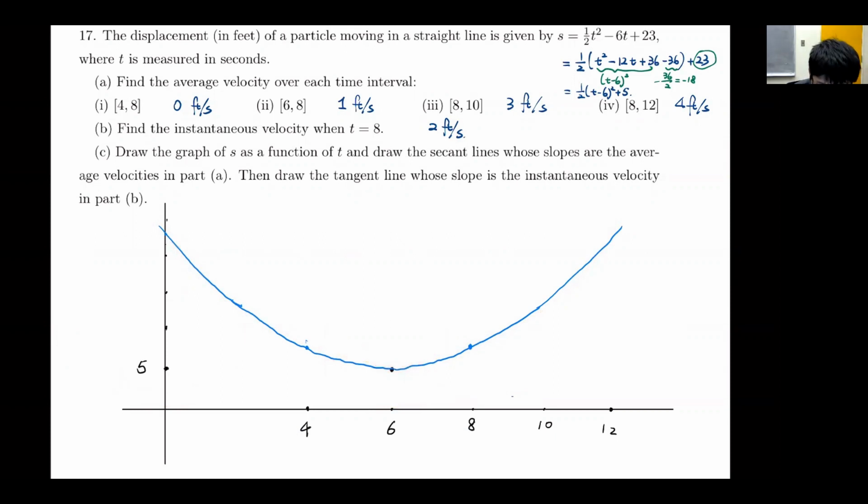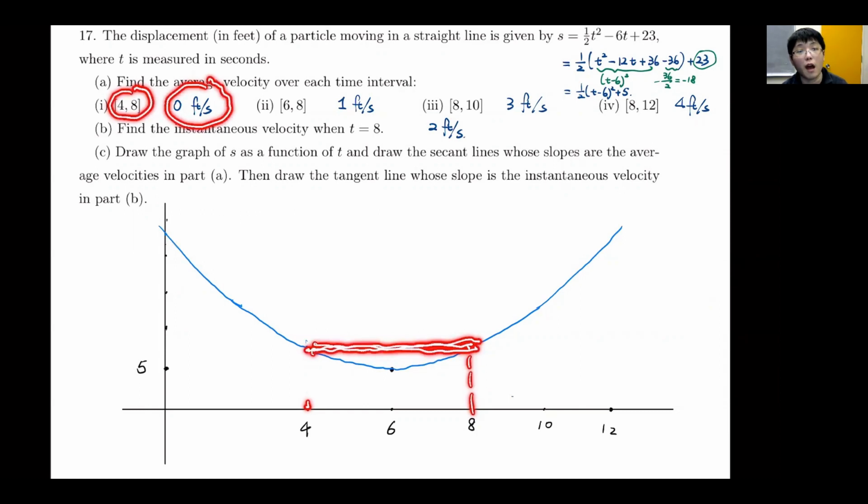Okay, so the next requirement is to draw the secant lines whose slopes are the average velocities in part A. So the secant line passing through t equals 4 and t equals 8 will simply be this one over here. You see that the secant line is precisely horizontal with slope 0. And this coincides with our computation that the average velocity is 0 over here.